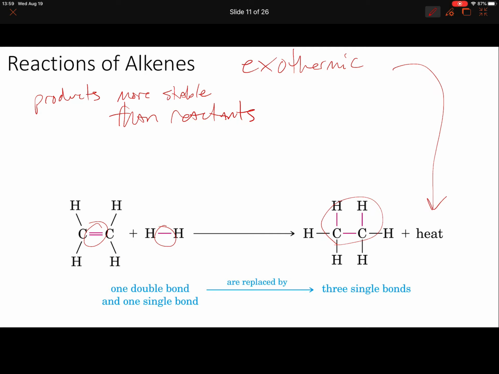Okay, so there are 3 bonds here, the single and the 2 double, and then we're going to get 3 single, 1 double with 2 pairs of shared electrons in it, and 1 single with 1 pair. So 2 pairs of electrons, 1 pair of electrons, and 3 single bonds are 3 pairs of electrons. So it all balances out.